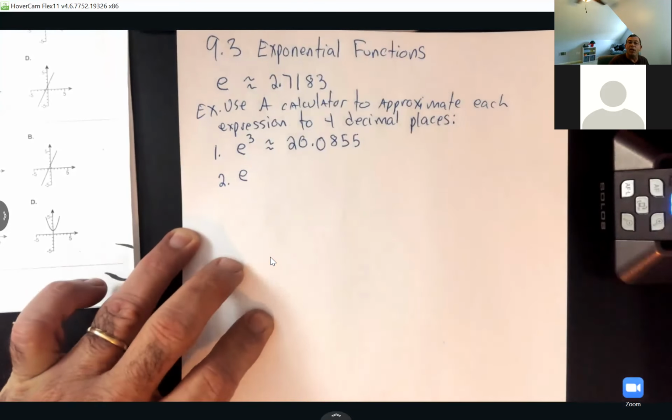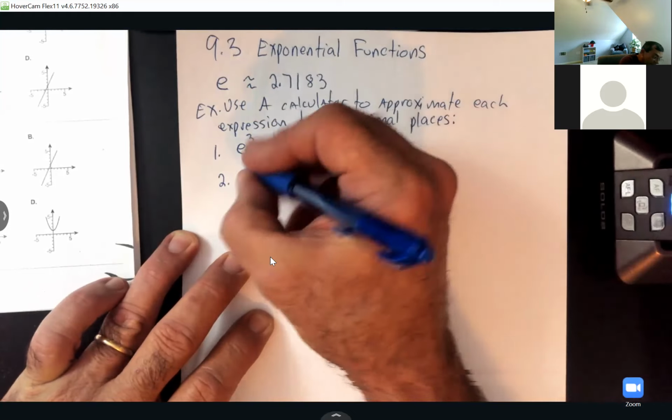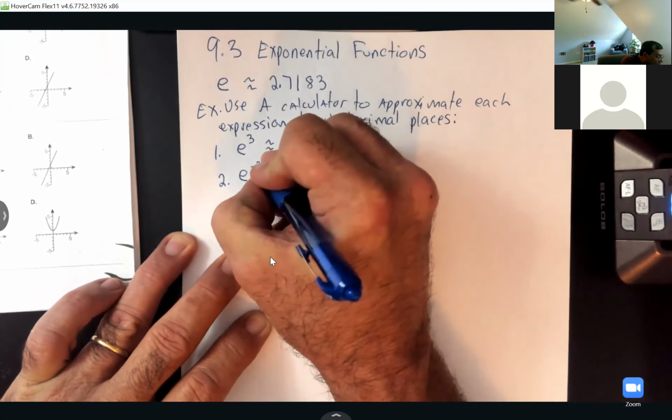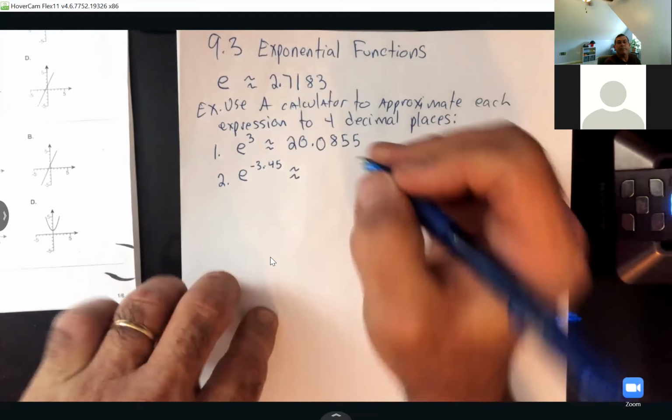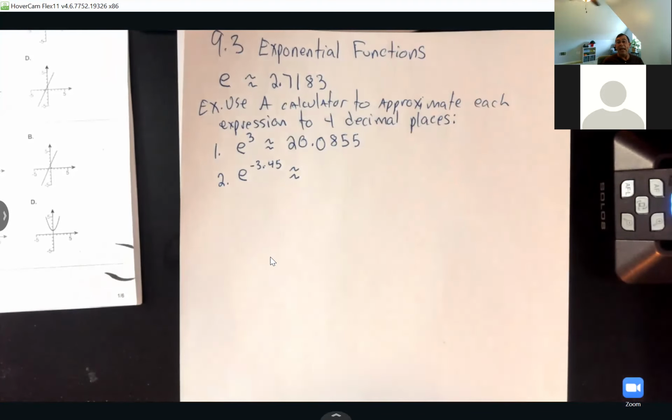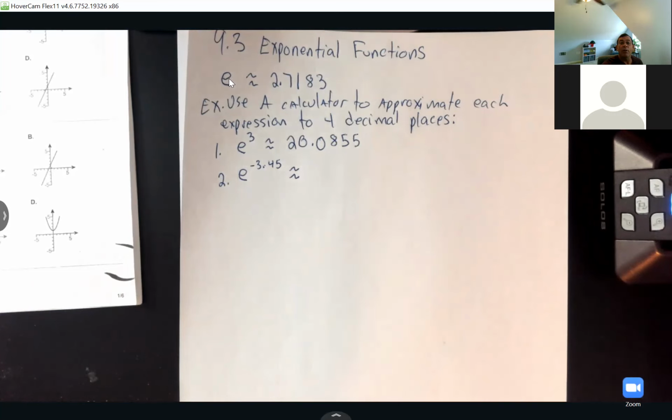All right, then they want us to play with negative exponents. So E to the negative 3.45. Remember, negative exponents make numbers look like fractions or decimals, okay? So let's go punch that one in.